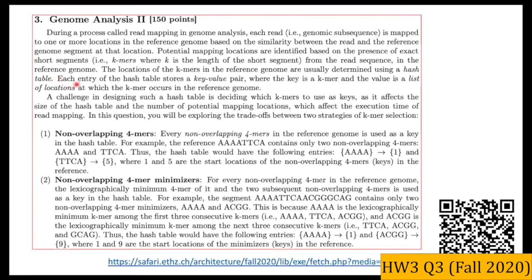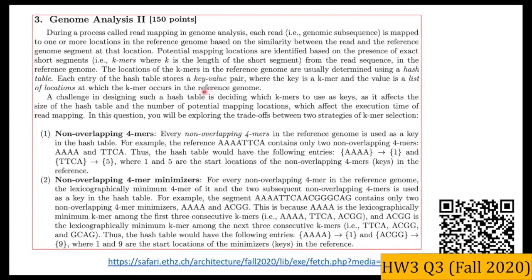Each entry of the hash table stores a key-value pair, where the key is the k-mer itself, which is the content, or the ACGT letters extracted from the genomic sequence, and the value is the list of locations at which the k-mer occurs in the reference genome.